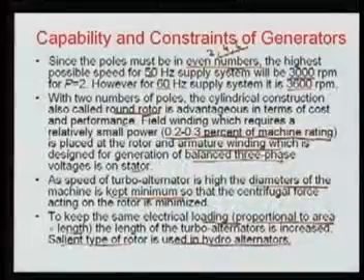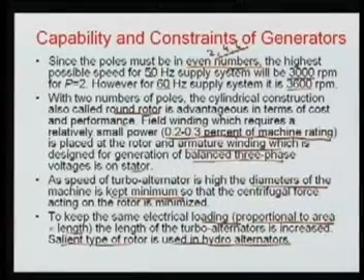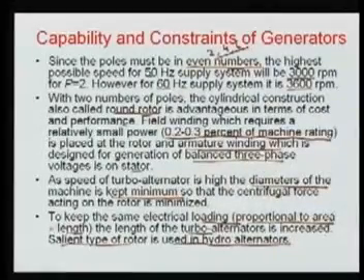In hydro, the diameter is very high whereas the length is less, because the electrical loading is proportional to the area, that is, the length. So to keep the electrical loading the same, if you want to go for the minimum diameter, meaning less area, the length must be increased. So in the turbo alternator, the length is very high and the diameter is kept as minimum as possible.